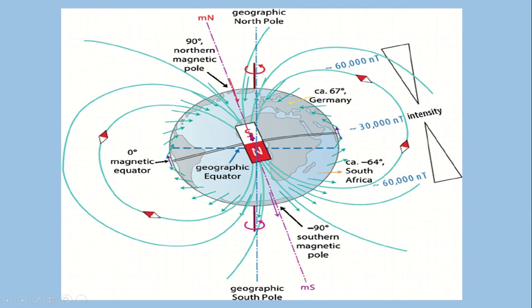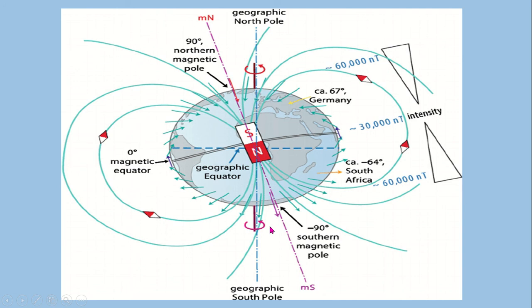The south of the terrestrial magnet is towards the north pole, towards the west of the north pole, and its north pole is towards the east of the south pole. The hidden magnet is tilted in this way. Its south pole is towards the north pole, and its north pole is towards the south pole.